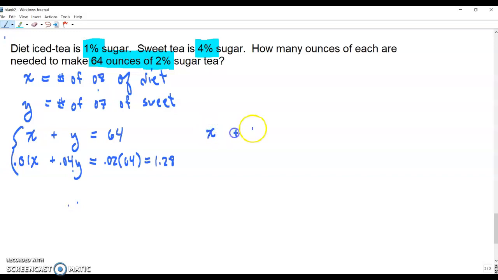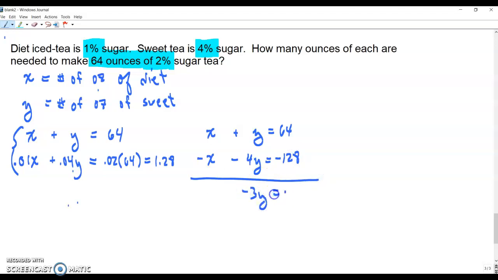So my top equation is unchanged. My bottom equation becomes negative 1x minus 4y equals, how about negative 128? So negative 3y equals negative 64. I need the calculator. It looks like I'm going to have some kind of repeating decimal again.